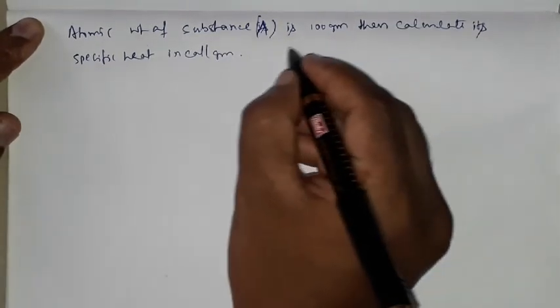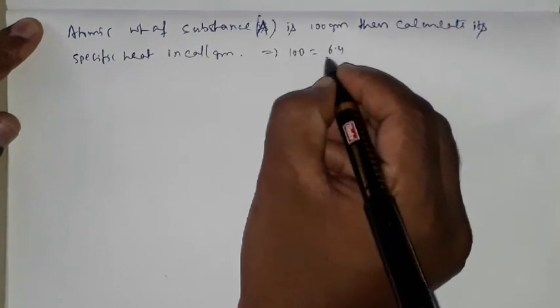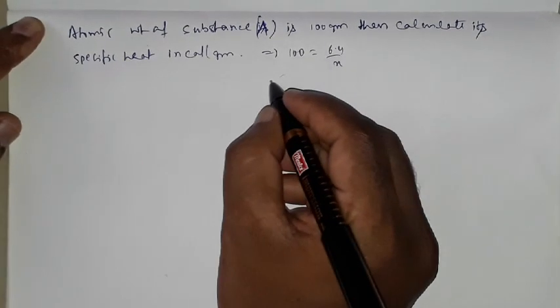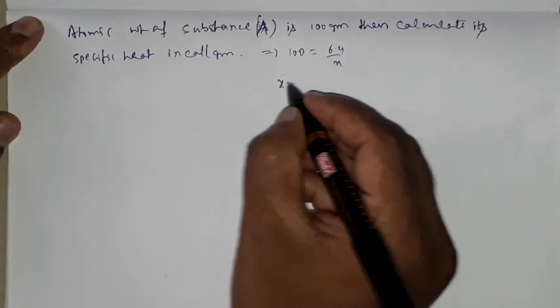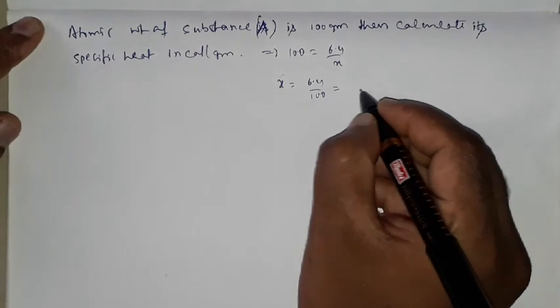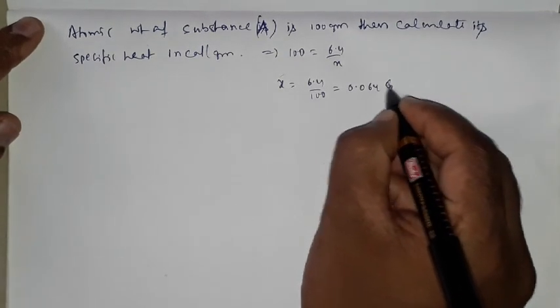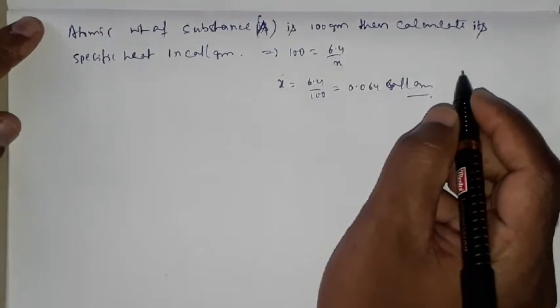That implies 100 equals 6.4 by x, then x equals 6.4 by 100, that's equal to 0.064 calories per gram.